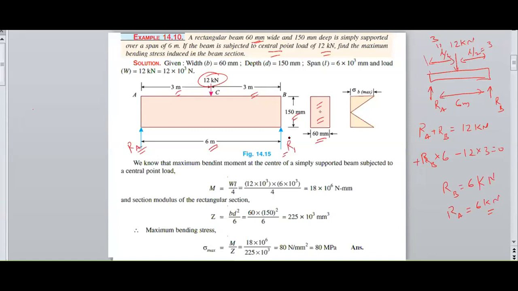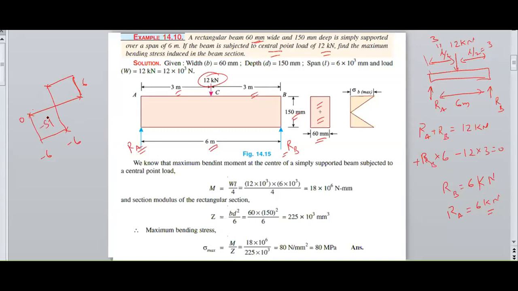After finding RA and RB, I need to draw the shear force diagram and bending moment diagram. While drawing the shear force diagram, initially 6, it is moving upwards. So 6 upwards, and 6 upwards and a minus 6 and 0 is the shear force diagram.